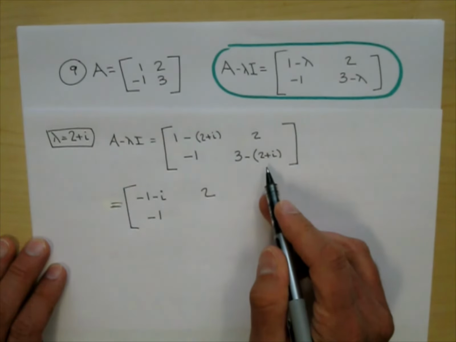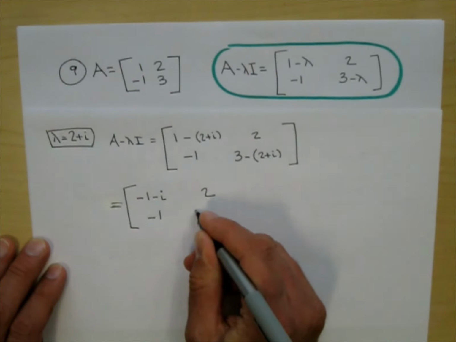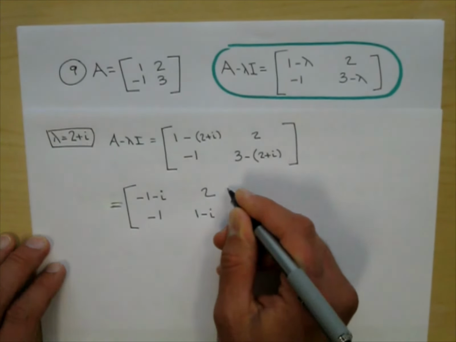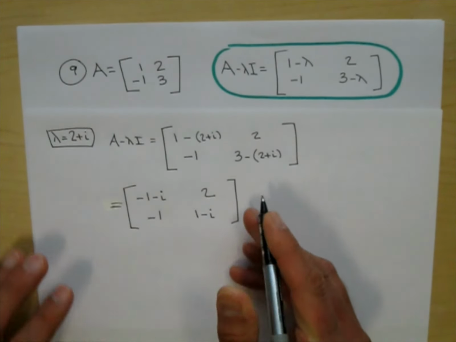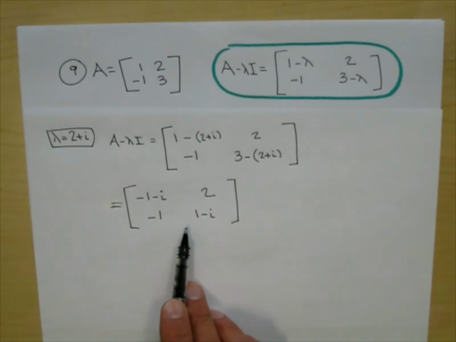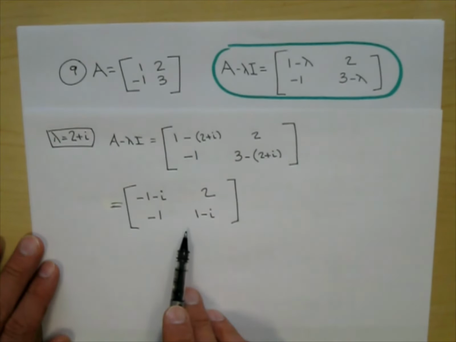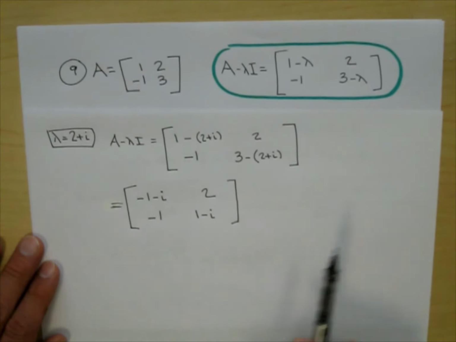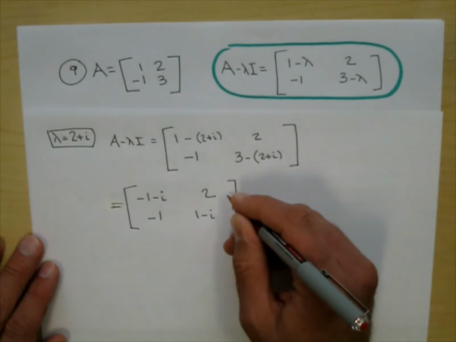And then this one's going to be 1 minus i. Okay, so there's the A minus lambda I matrix. What am I going to be doing with this? Well, it just so happens I'm going to be finding the null space.